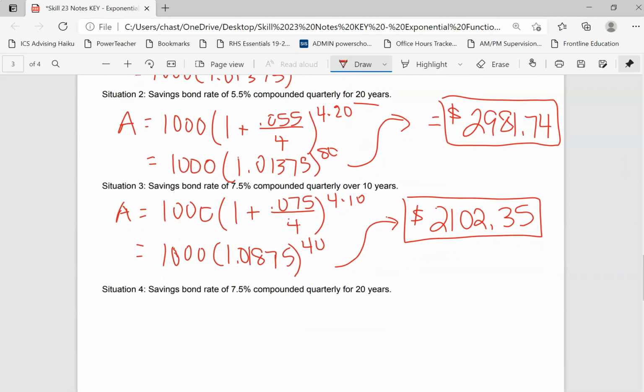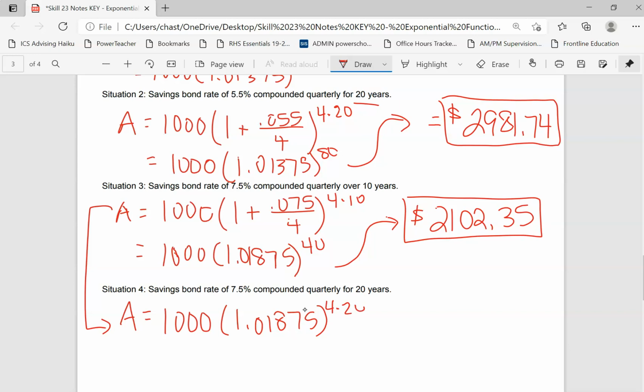And now let's compare that to the length of time. So if I do situation 4, we're going to compare this to situation 3, but maybe also situation 2. It's the same exact setup as we had here, except instead of 4 times 10, it'll be 4 times 20.